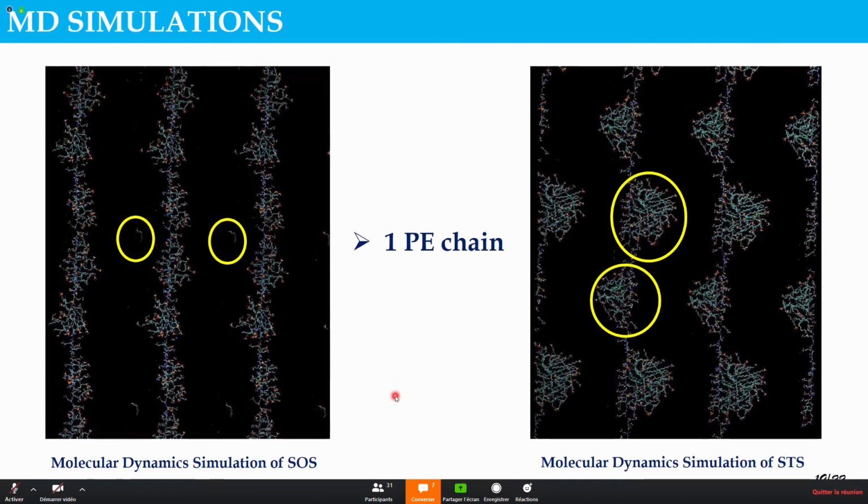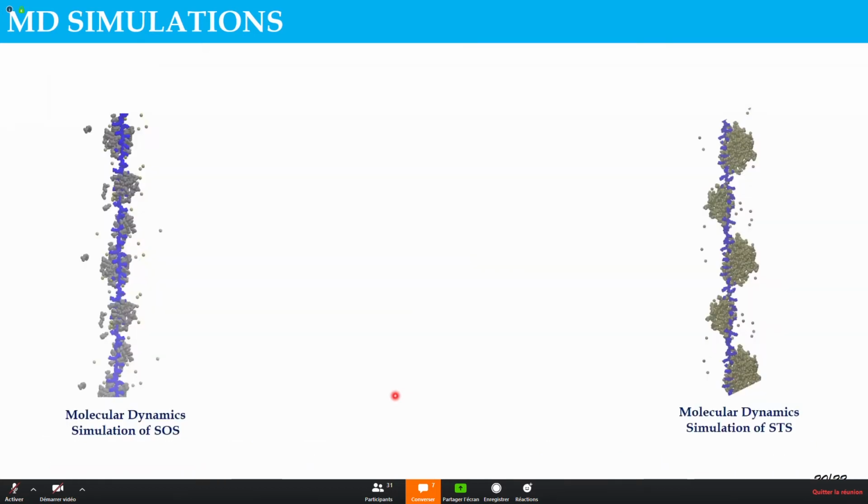But there is a way to better understand this difference between SOS and STS. If we switch to the snapshot, where the difference is probably clearer, we can start to show some analysis of these molecular dynamics simulations. I will not go into details, otherwise we need too much time.